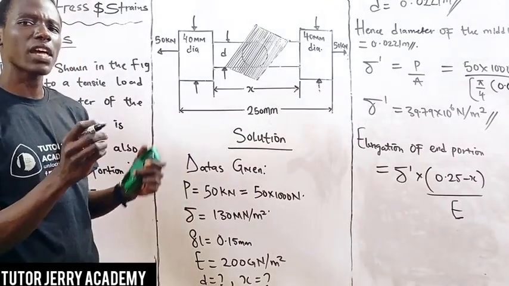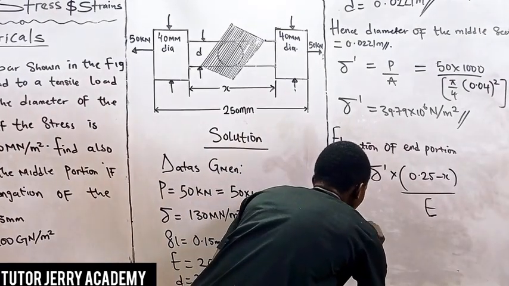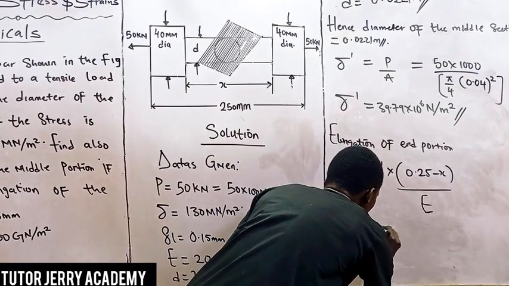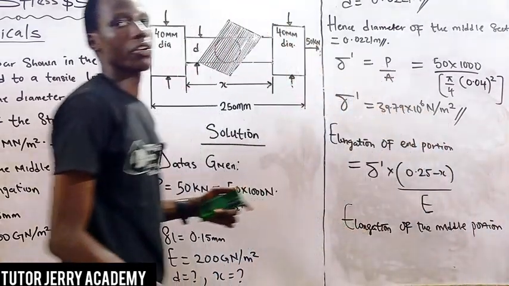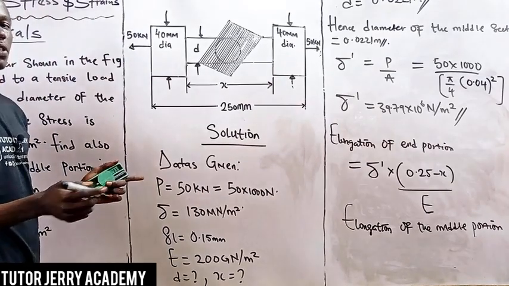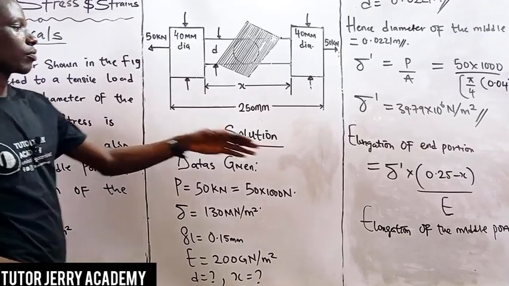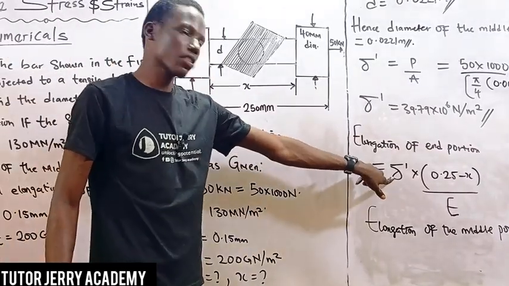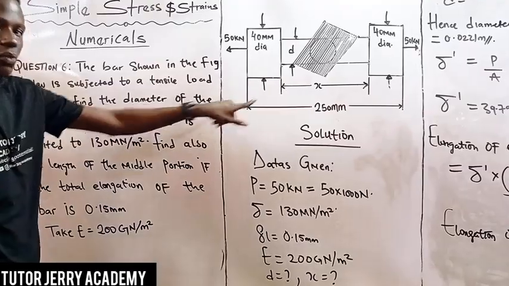Next, we are going to be looking at the elongation of the middle portion. It is the same kind of relationship as for the end portion, but we use a different sigma, because from the question we have been given the stress of the middle portion.